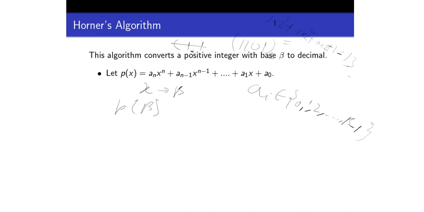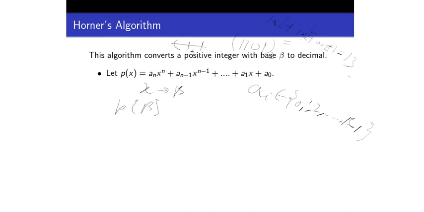This is what I was trying to explain: if you replace x by beta and the ais belong to the set 0 to beta minus 1, it converts a positive integer with base beta to a decimal number.